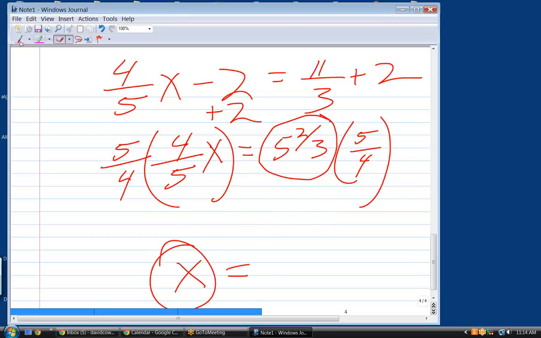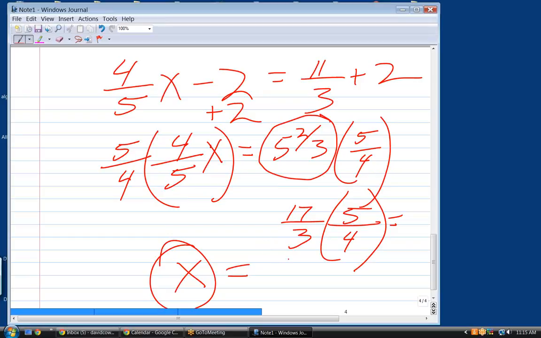Okay, so in order to multiply these two numbers together, it's better if this is an improper fraction. And then I'm going to multiply it by 5/4. Now, can I multiply those two? What's the answer? Can I simplify it? Can I do anything other than multiply numerators and multiply denominators?